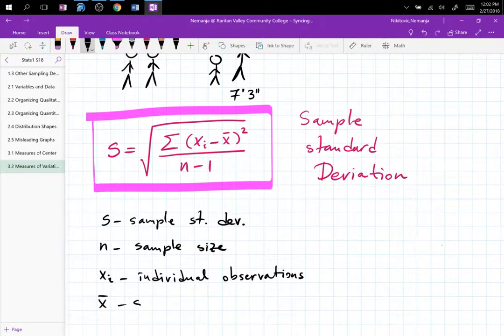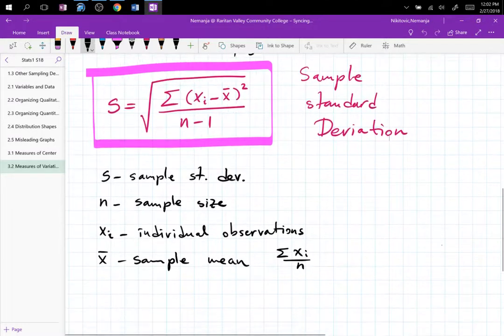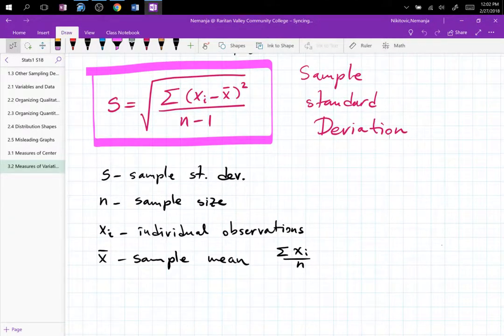X bar, sample mean, which, if you remember, was the sum of xi divided by n, from the last class. And that's it. So we know what each one of these letters mean.